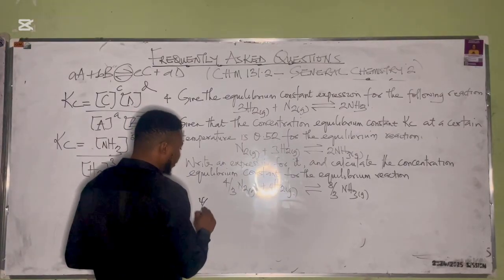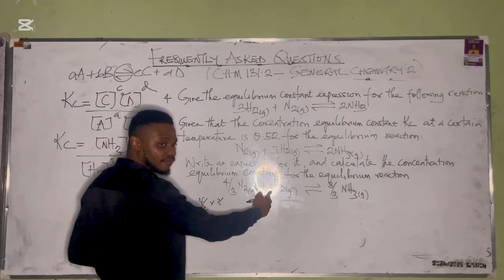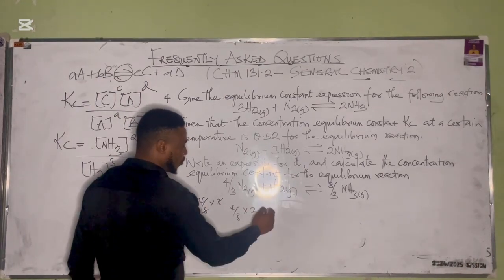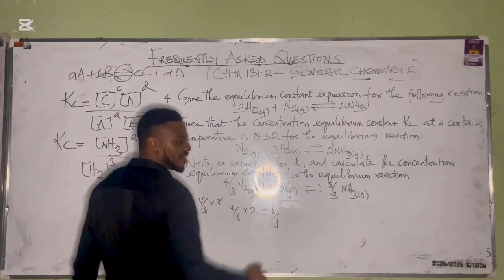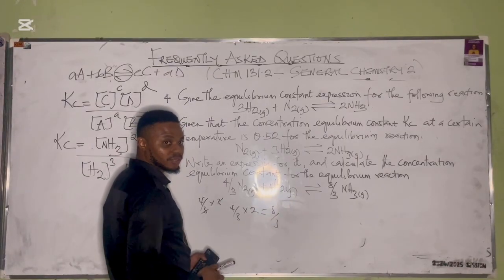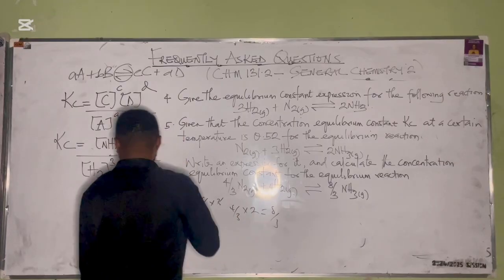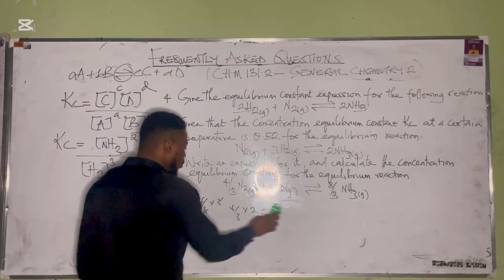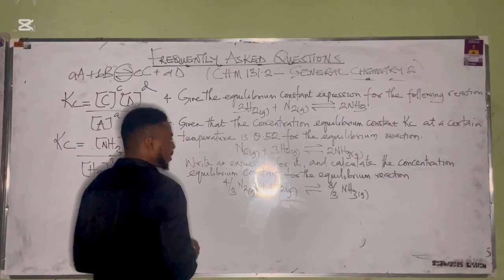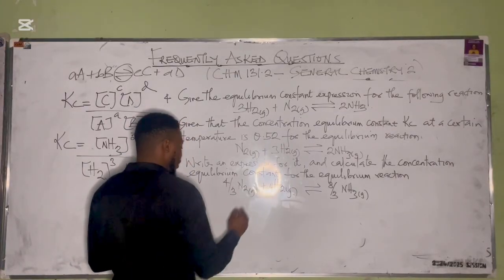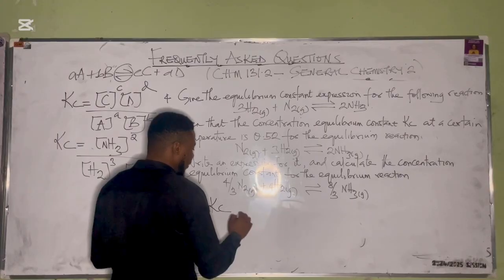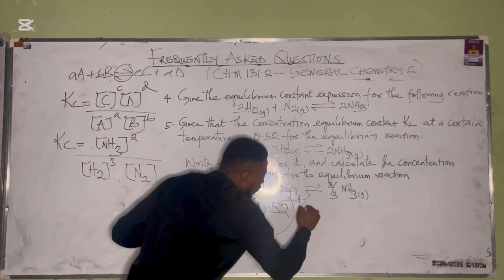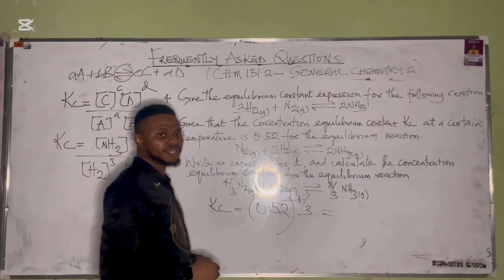See, 4/3 times 3, you cancel 3, that's how we got 4. 4/3 was multiplied by 2, 4 times 2, 8, 8/3. That's why we have 8/3 here. So you have to check for the common factor that multiplied the original reaction to generate this. So the Kc for this will be 0.52 raised to power 4/3.